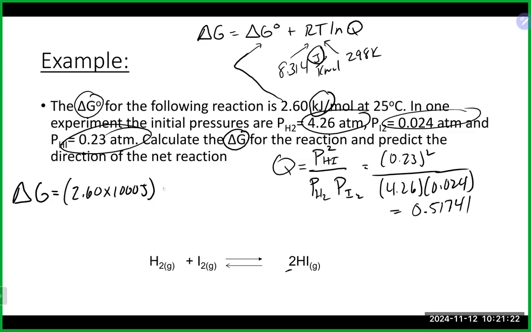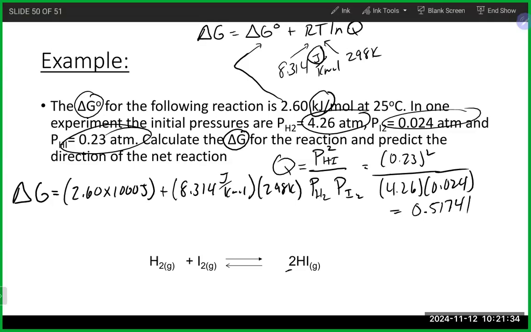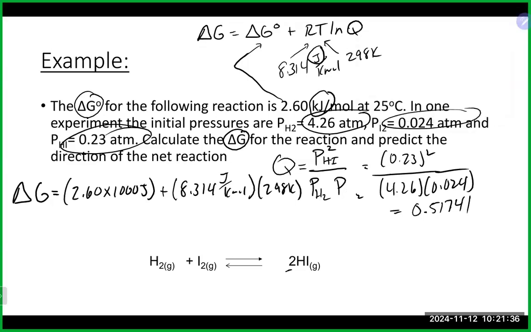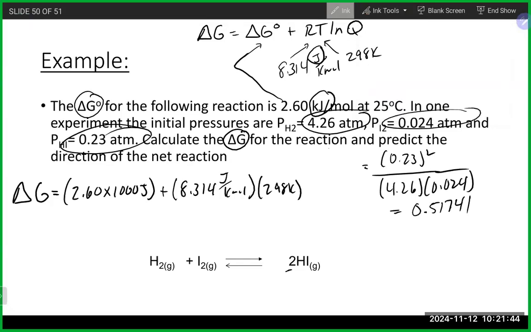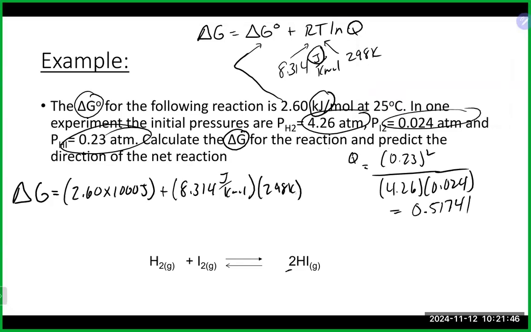A reminder as well that R is 8.314 joules per Kelvin per mole, and we're going to use 298 Kelvin. Then we're going to take the natural log of the Q that we just calculated, 0.51741. So we can clean up everything on the right-hand side.